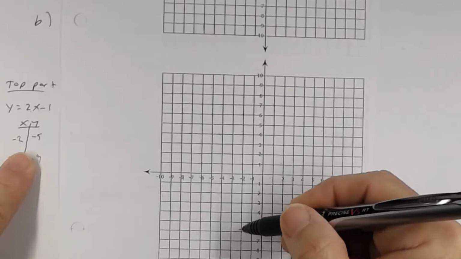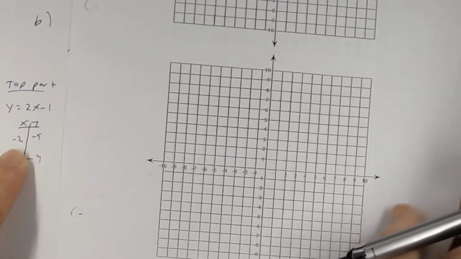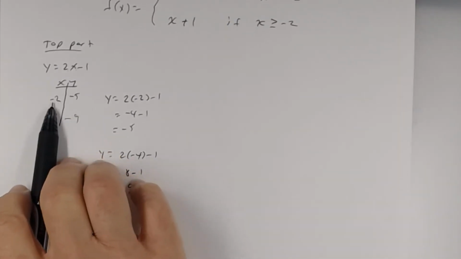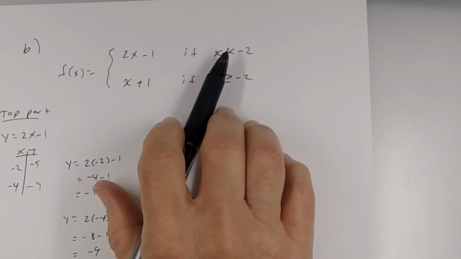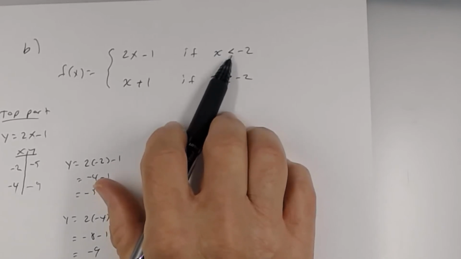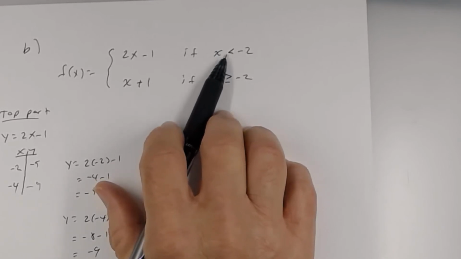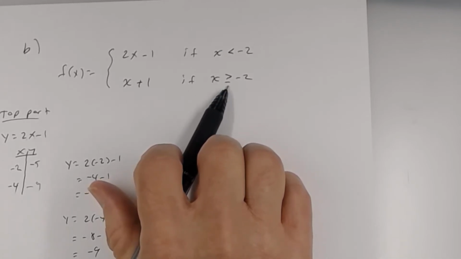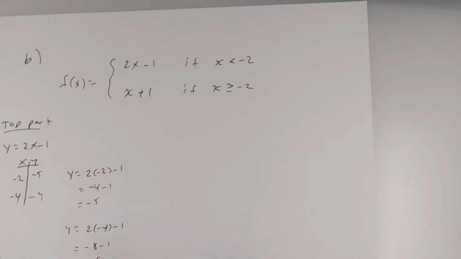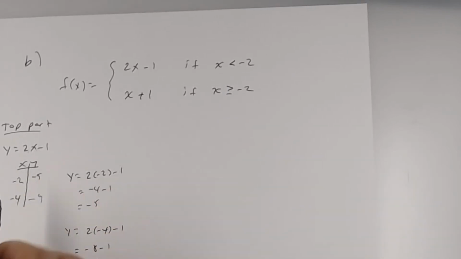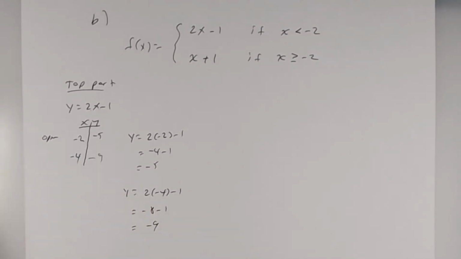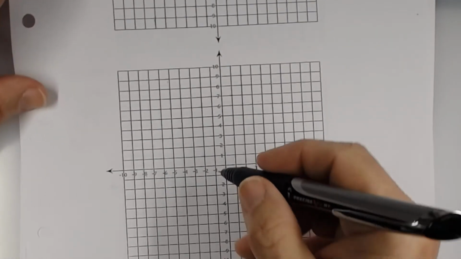An open circle, because when I found the y value for x is negative 2, is negative 2 part of this domain? No, because negative 2 is not less than negative 2. Negative 2 equals negative 2. Okay? So this is going to be an open circle right here. That point's going to be open. So I'm going to do negative 2, negative 5 open right here.